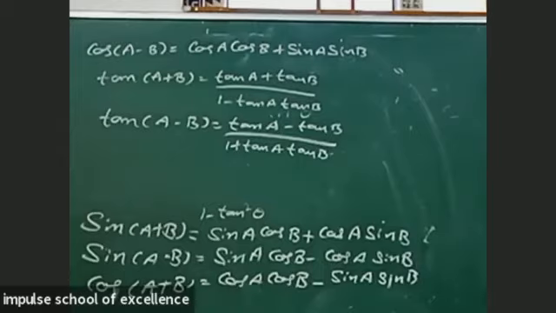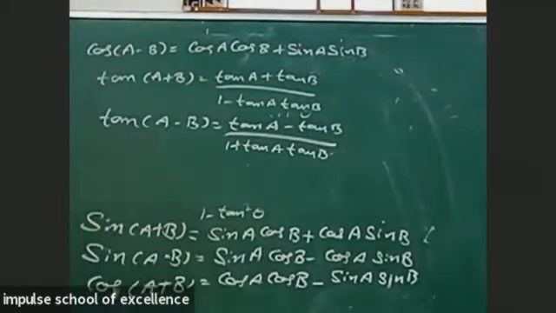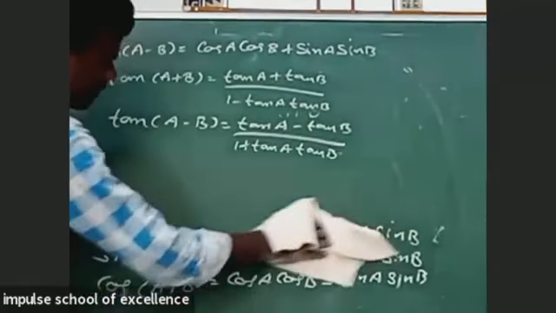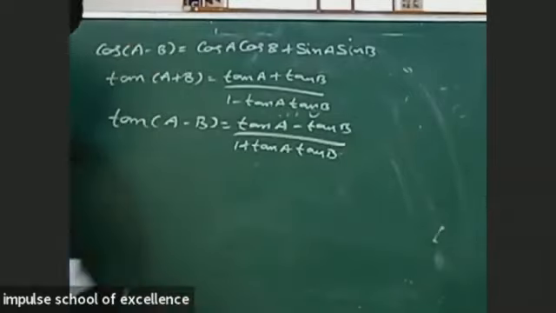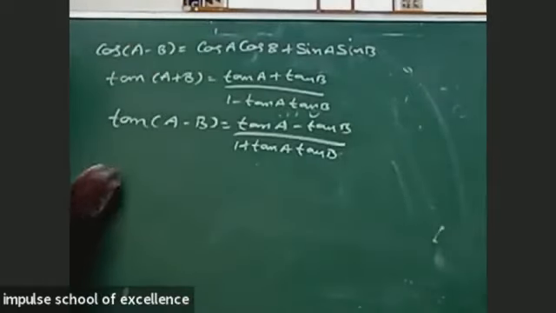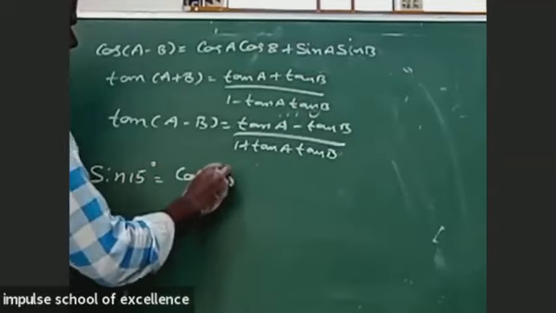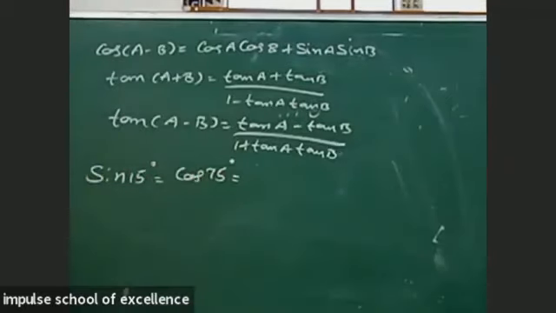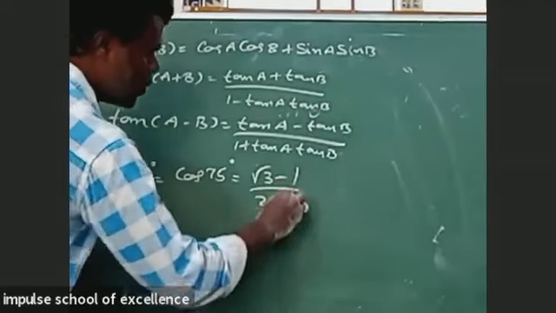Okay, let us write sin 15 degrees is equal to cos 75 degrees is equal to root 3 minus 1 by 2 root 2.